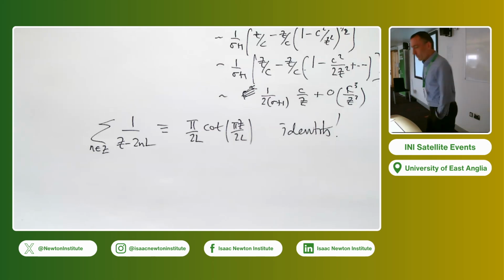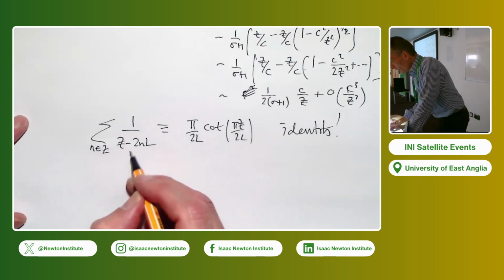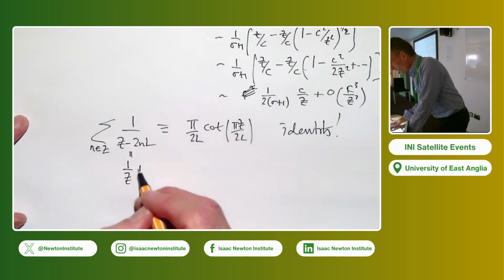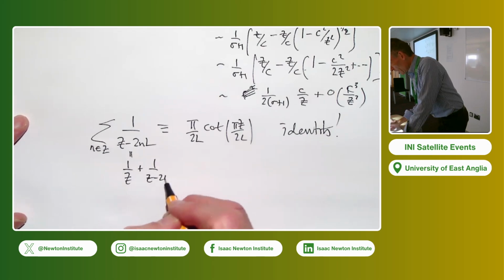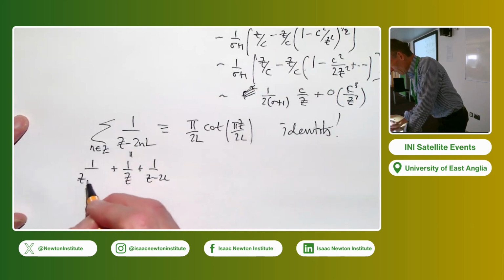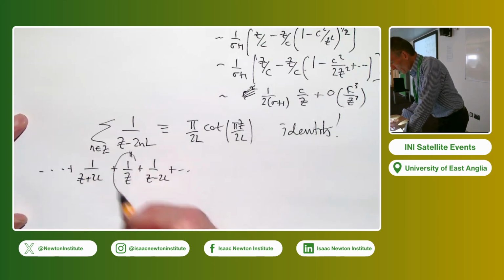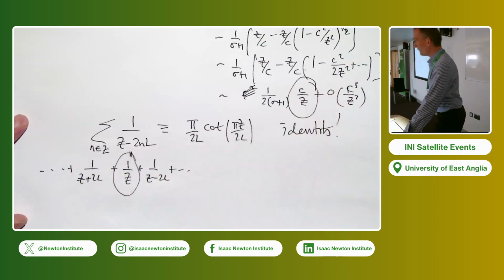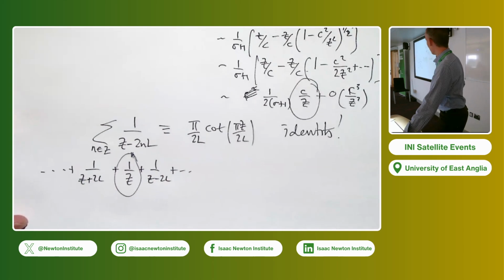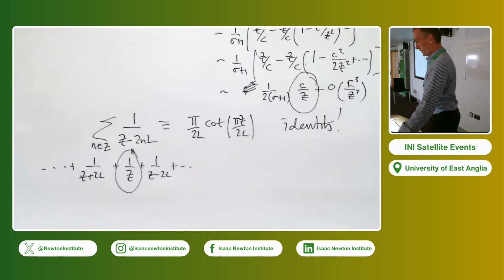Now, here's what I'm going to do. If you think about it, this is like 1 over z plus 1 over z minus 2L plus 1 over z plus 2L, plus etc. So this is the one that's already there. Move the C over, I've got a 1 over z.